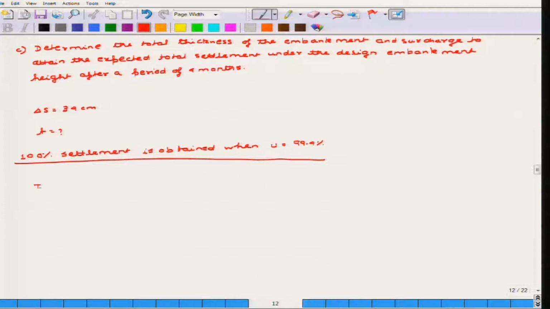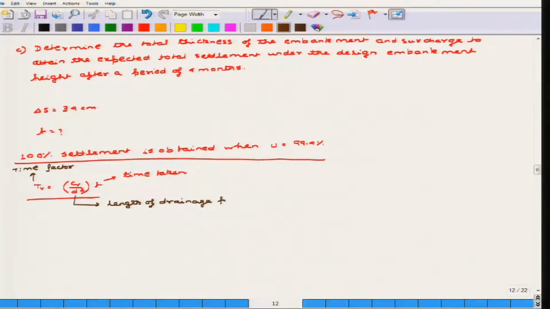So, now Tv as we know is equivalent to Cv by D square into t, where D is the drainage path, Cv is the coefficient of consolidation, and t is the time taken for the consolidation. This is time taken, this is time factor, this is length of drainage path, and this is coefficient of consolidation.